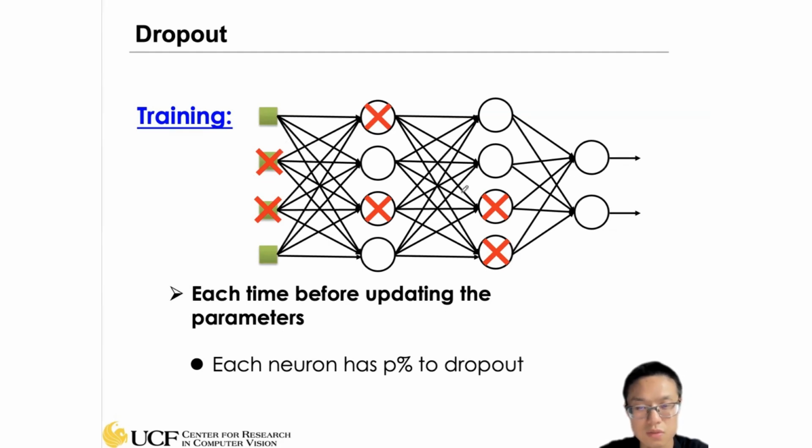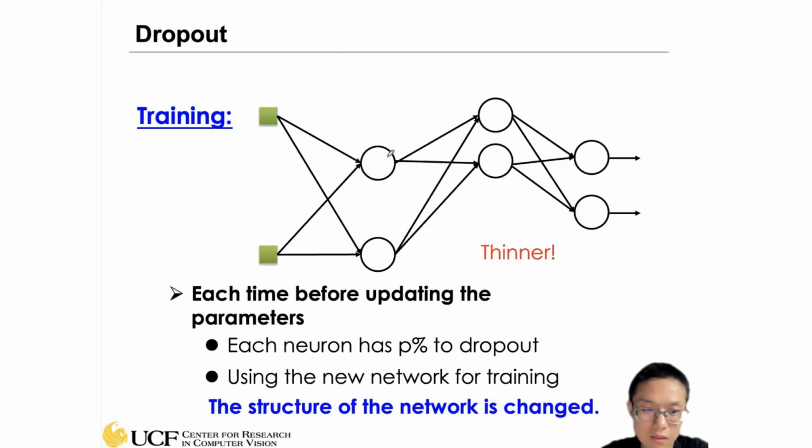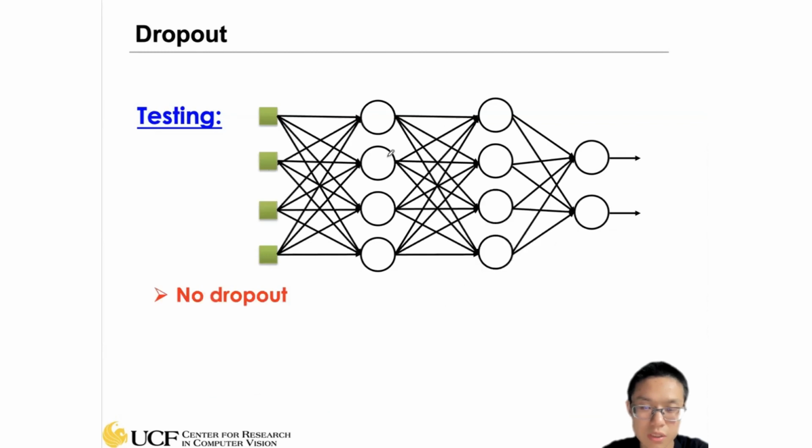So each neuron has a certain probability to drop out during the training. So you may end up with a different network structure, a little bit sparser, right? Because we drop out some of the neurons, and the structure is changed, right?